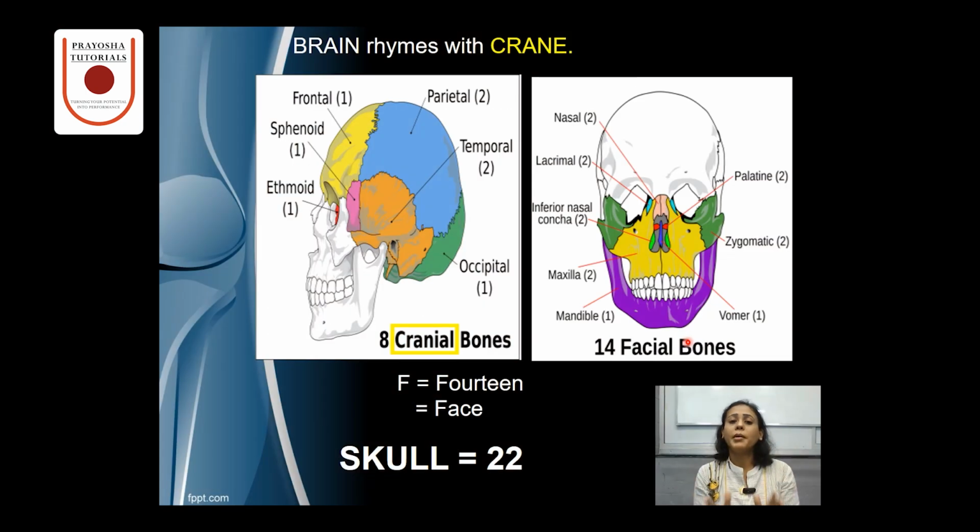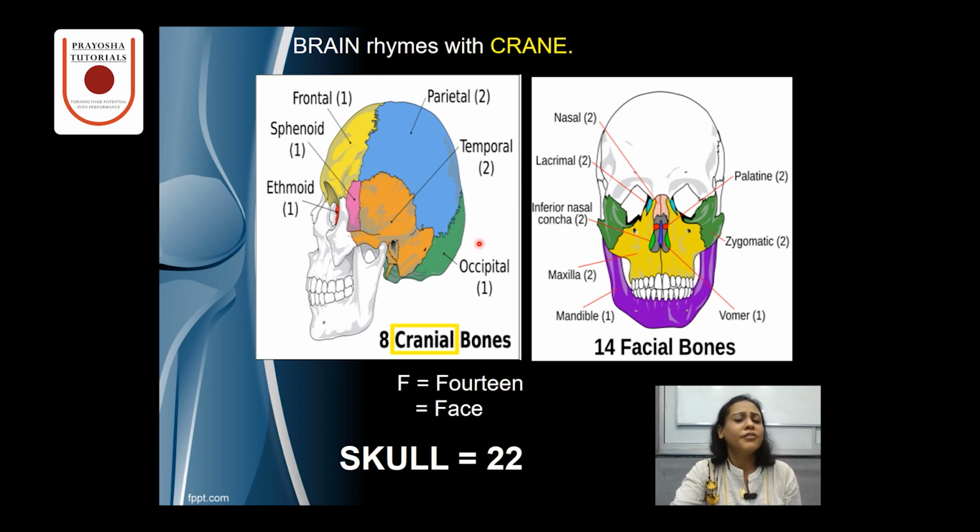Now, how to remember the 80 bones of your axial skeleton? Your word brain rhymes with the word crane. So brain and crane will help you remember that the bones of the brain area are called the cranial bones or the cranium. So the cranium is the brain box made up of 8 bones, and those 8 bones are present in this manner.